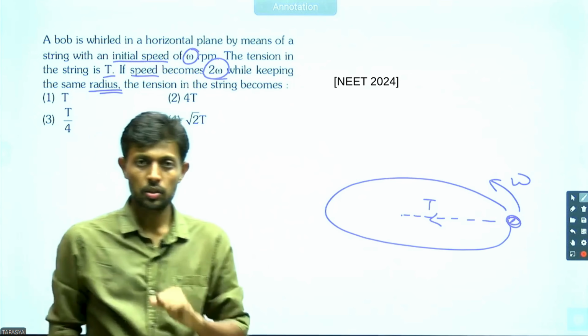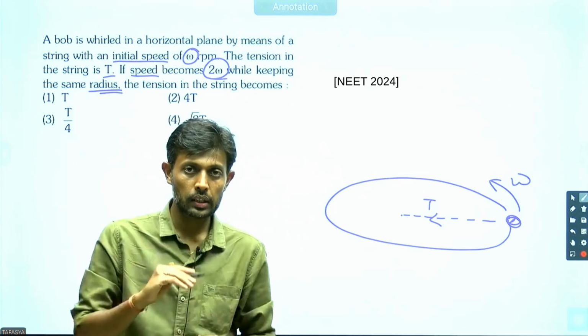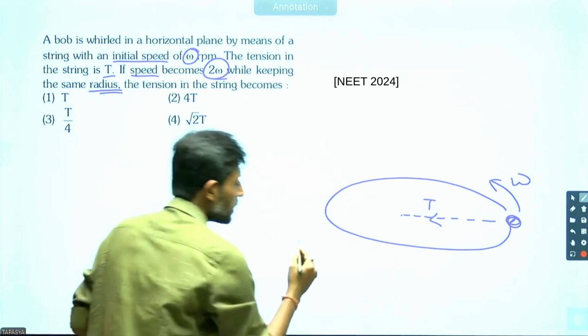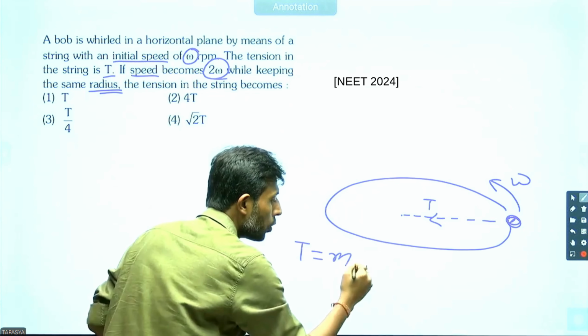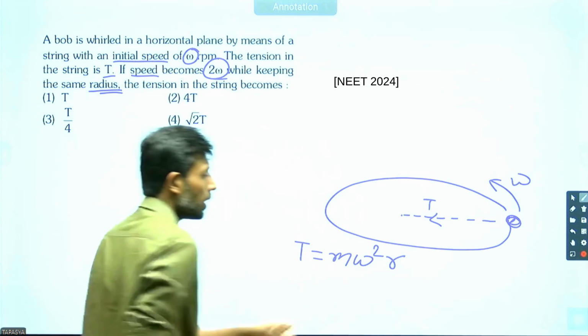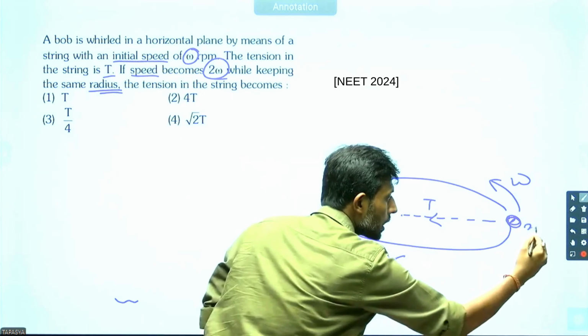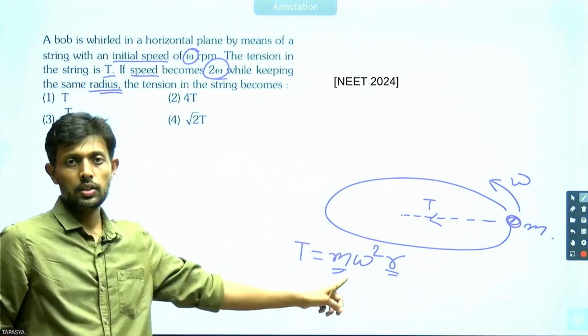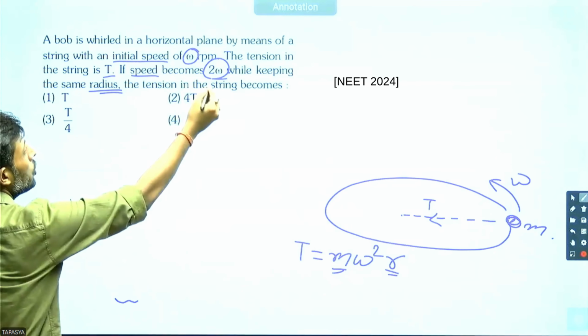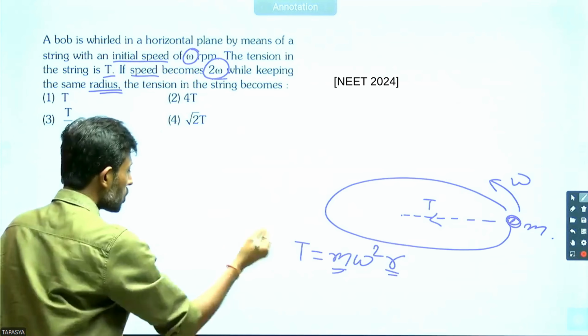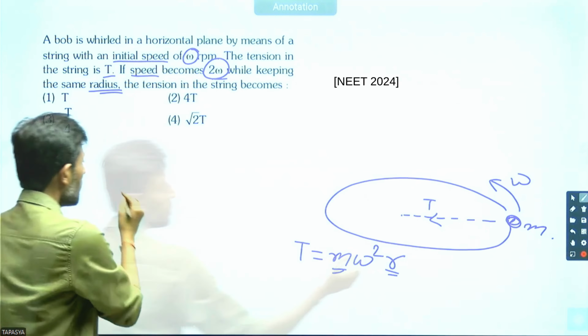What would be the tension? How much will the tension increase? We just saw that this tension was given by m omega square r. If the radius remains the same, the mass of the object remains the same, and only omega is changing, becoming twice, what would be the new tension?